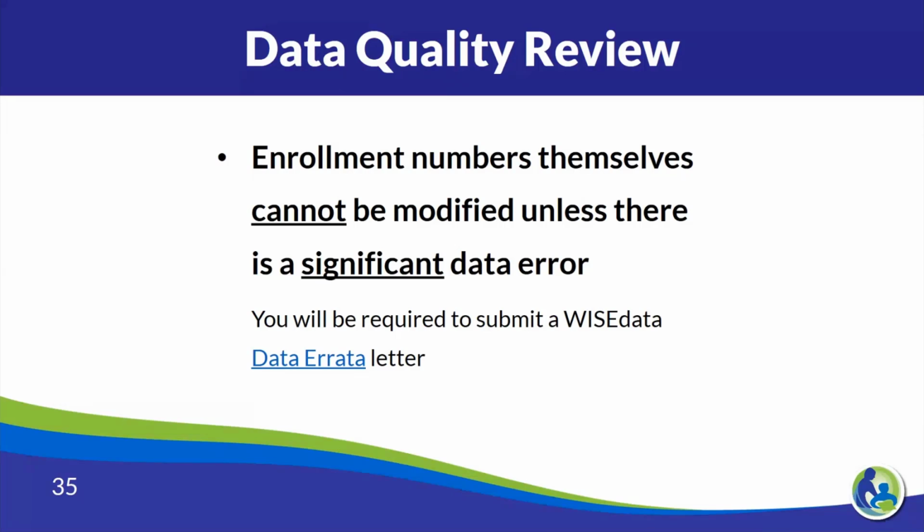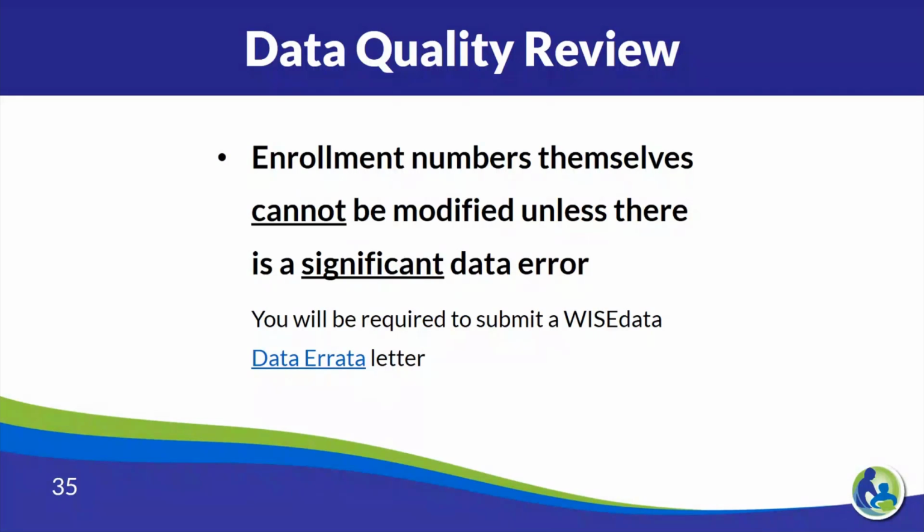The enrollment numbers by themselves cannot be modified unless there's a really significant data error. So if there was one kid that you missed in your WISE data snapshot, that's not something that we're going to be able to modify. But if you had a significant issue where the reporting was off and half your high school is missing, that is something that we can address.